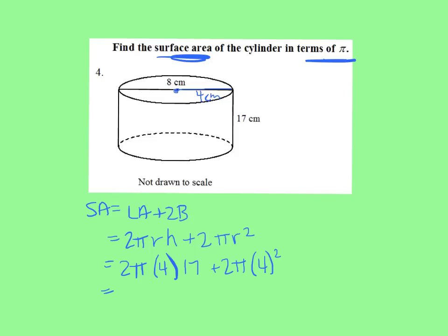I'm not going to multiply the pi in because it said leave it in terms of pi. So that gives me 136 pi plus 4 squared is 16 times 2 is 32 pi. And then I'm going to add those two values together, and I get a surface area of 168 pi centimeters squared.